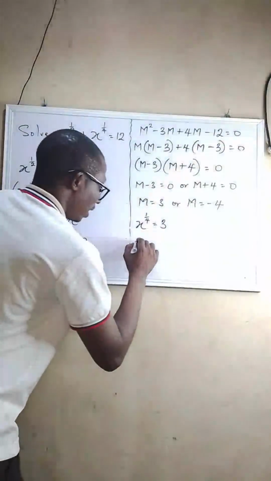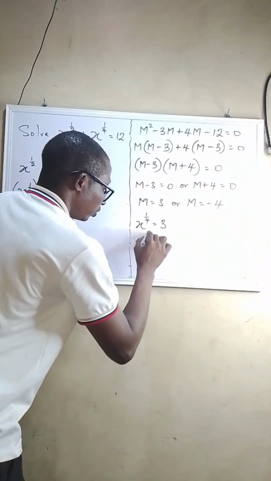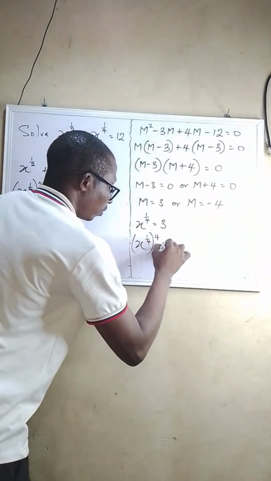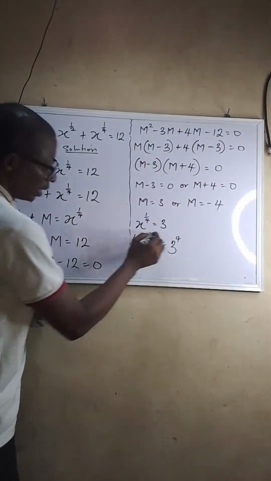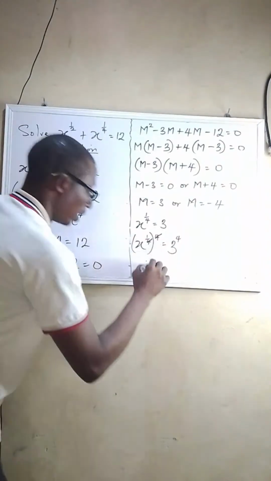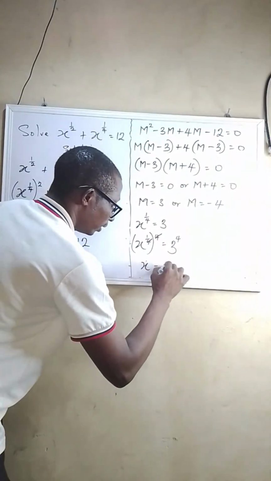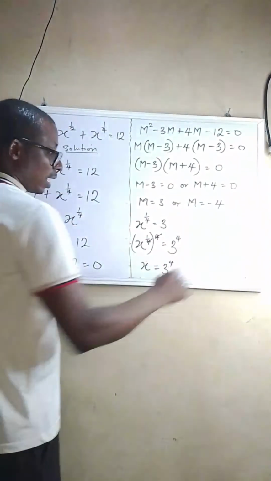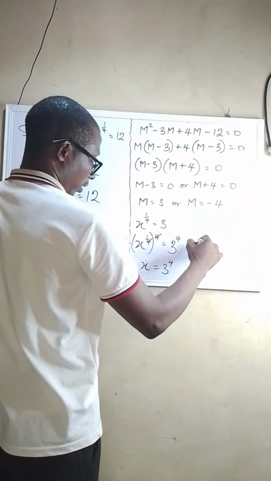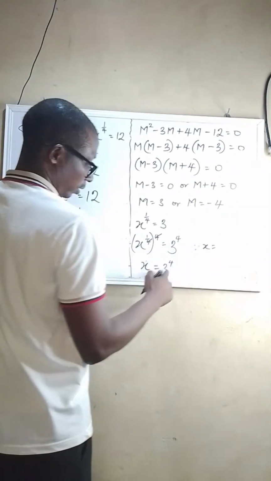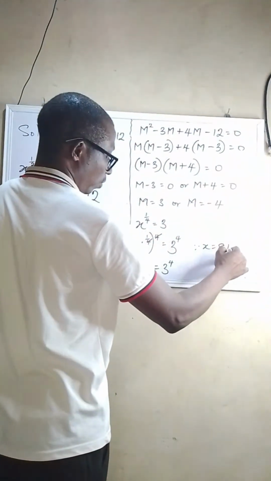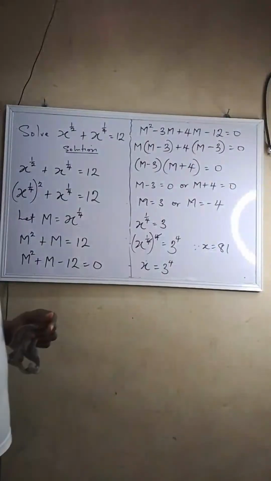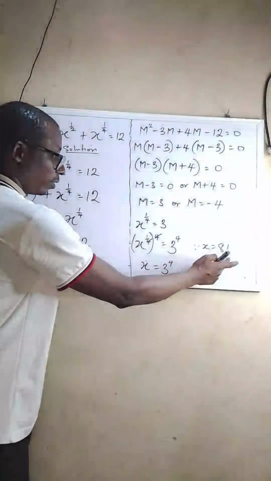So you have x raised to the power of 1 over 4, all raised to the power of 4, equals 3 raised to the power of 4. So now this 4 will cancel this 4. So you have x, and the result, therefore, x equals 3 times 3 times 3 times 3. That gives you 81. All right. So this is the value of x.